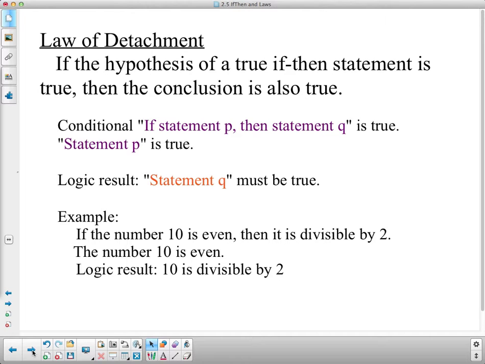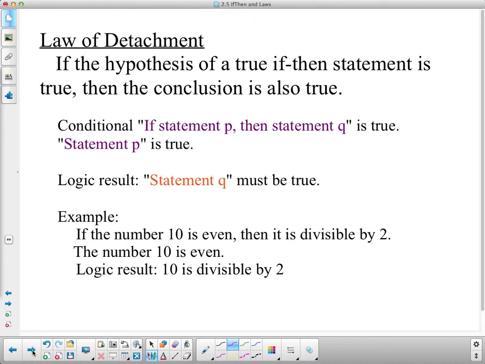When we discuss this in regular geometry, I do some symbols, and so I'll show you those same things for the fine print here. It says we have an if-then statement. That's called a conditional. We defined that today. If statement P, then statement Q is true.